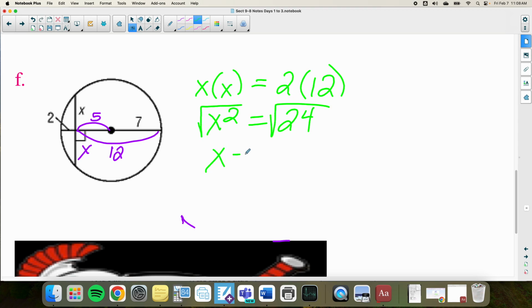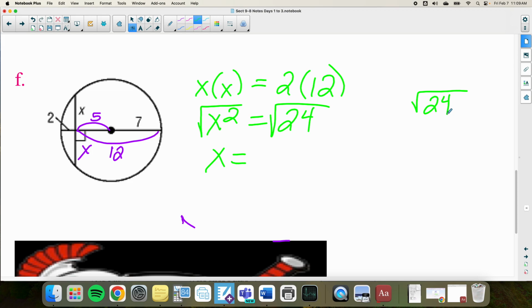Now, when you guys check the book, do you remember how I talked about you can simplify a radical if there's a perfect square that divides into that? And the perfect squares are like 1 squared is 1, 2 squared is 4, 3 squared is 9. The 1, 4, 9, those are perfect squares.